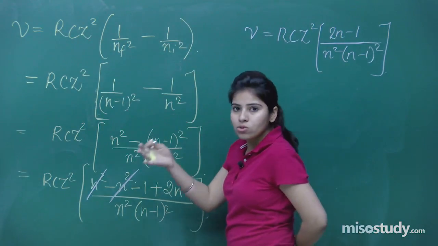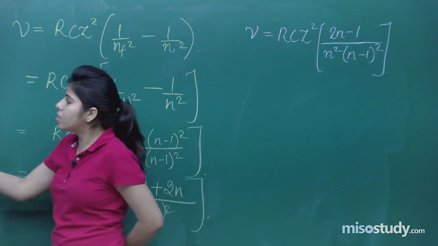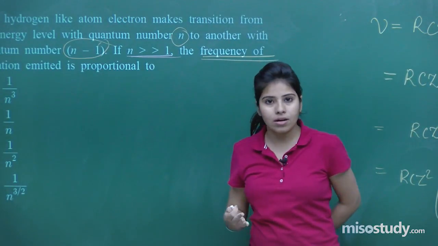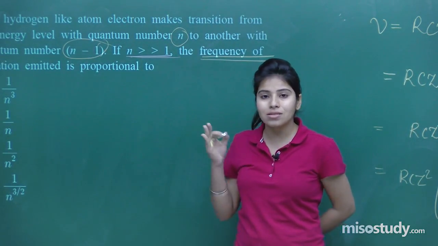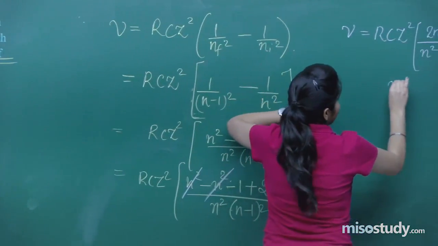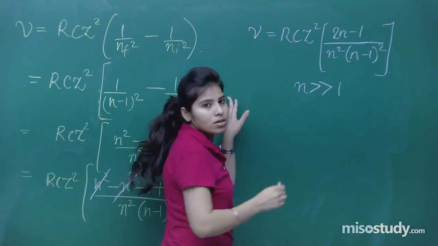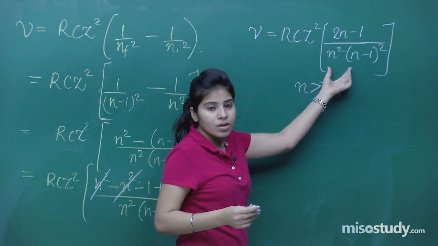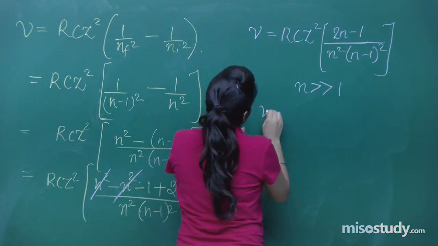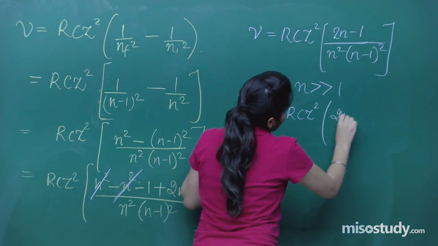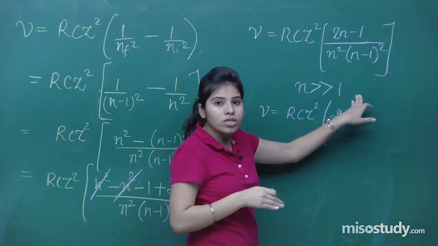Now just focus on the question that has been given. If n is very much greater than 1, we have to apply this situation over here. Let me just tell you, if n is very much greater than 1, we can ignore this value 1.